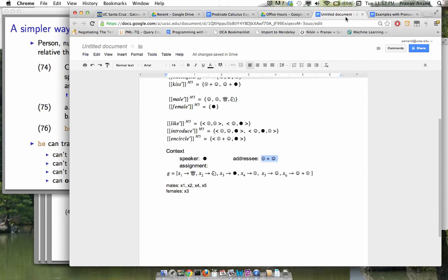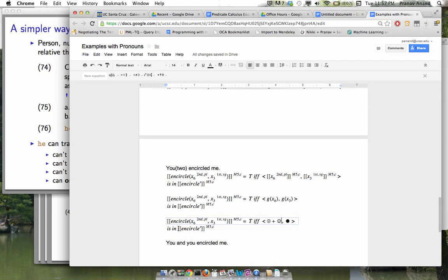And then circle is right here. And then this, I believe, turns out to be true. That's how, at least when I was looking at this while I was making it, it's in fact true. Okay, so that's that one.